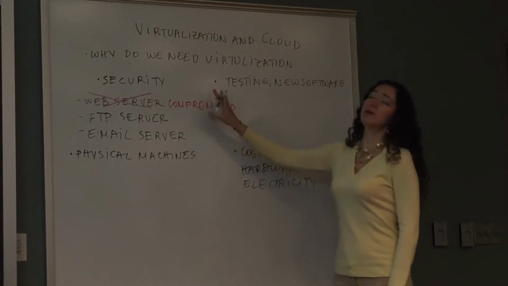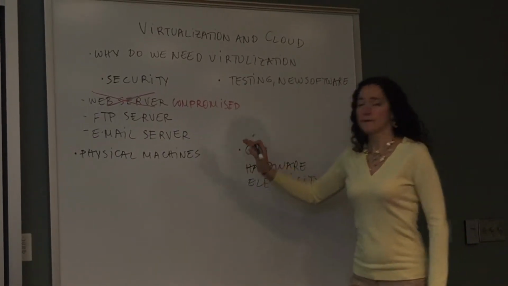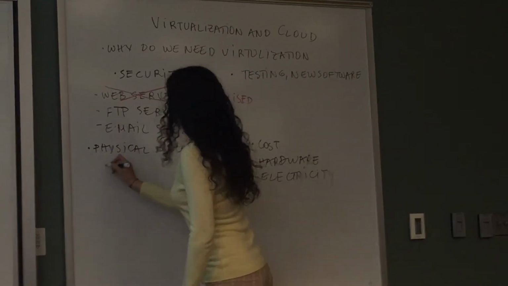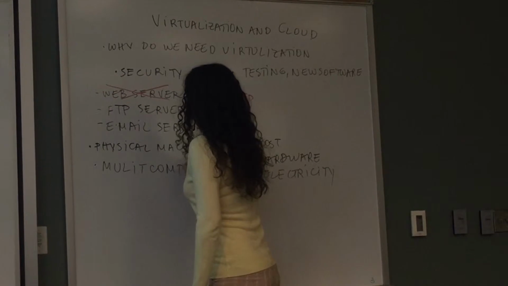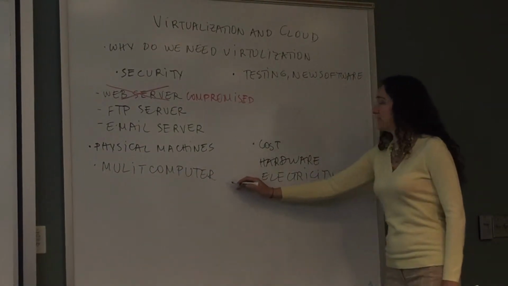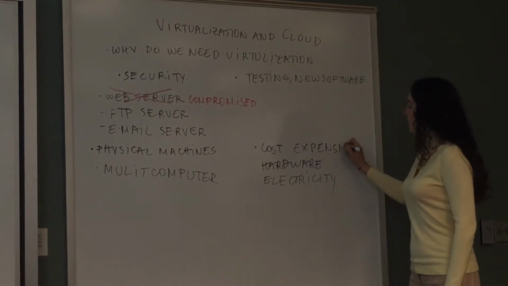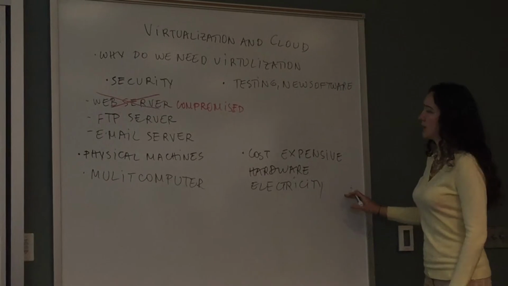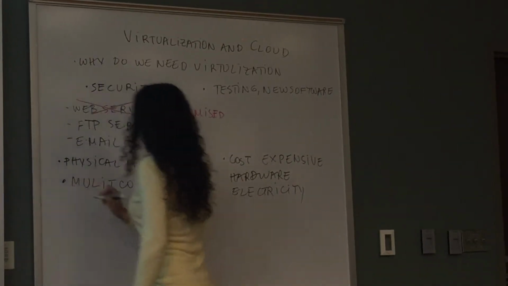If each one of these things is running on its own physical machine, then in effect we have what's called a multi-computer. But that's expensive. Imagine all the hardware and all the electricity that increases the cost.